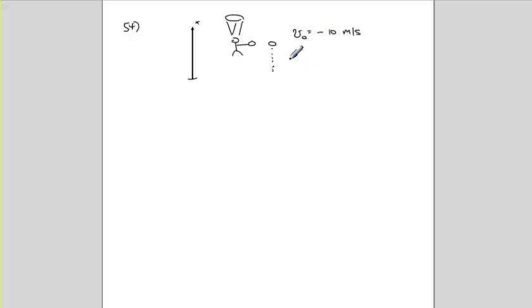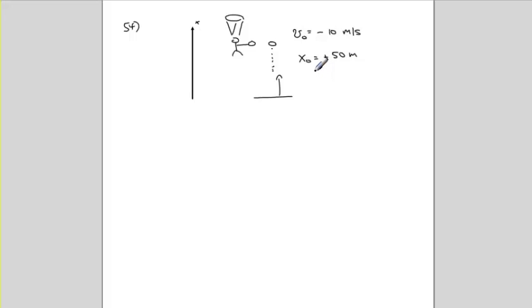Okay, so he releases the camera at an altitude of 50 meters. Again, we're measuring displacement from the ground. So let me just make this a little bit longer. Here's the ground. So his initial displacement, we'll call it x0, is equal to plus 50 meters.